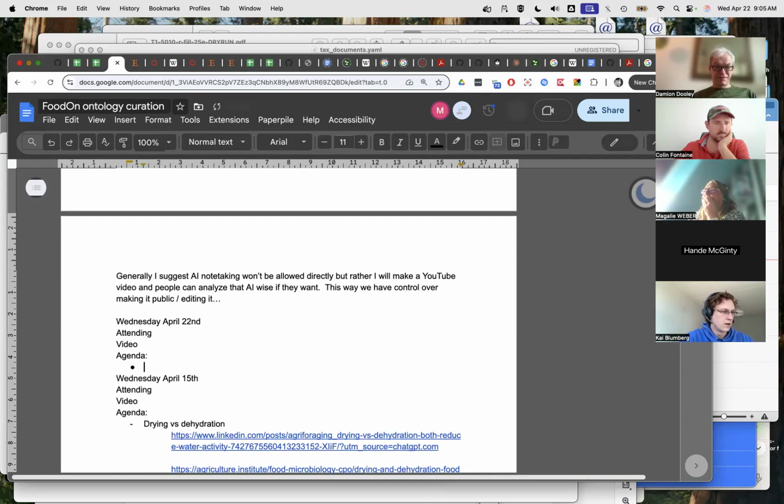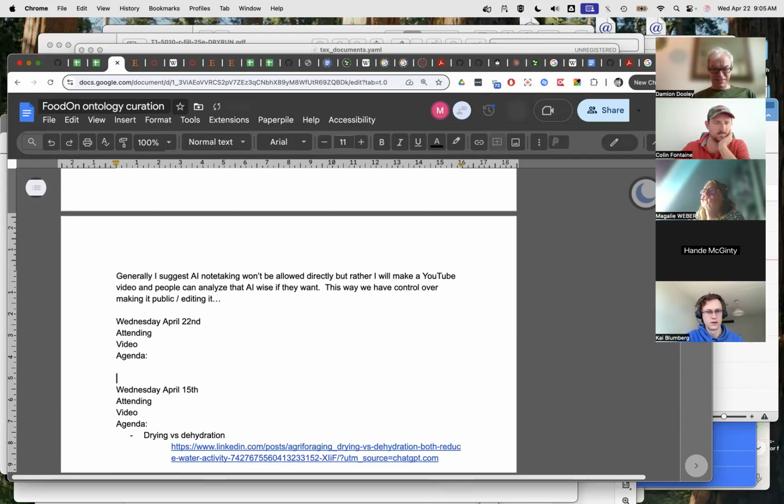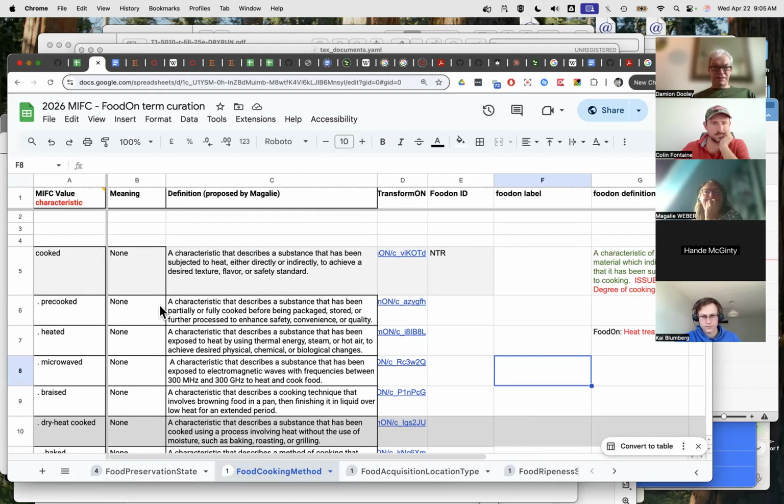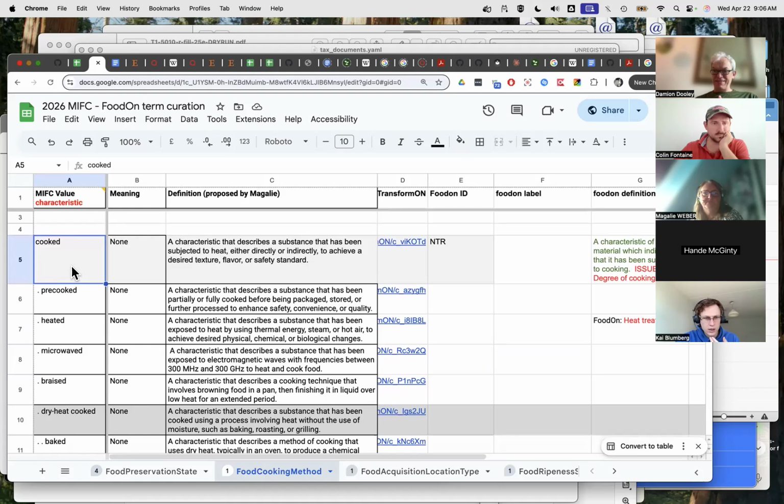Okay, let's fill in as we go or after the fact here. All right, so I was looking at the second tab of the food cooking method, and I just reorganized the MIFC cooked categories into a bit of a hierarchy.